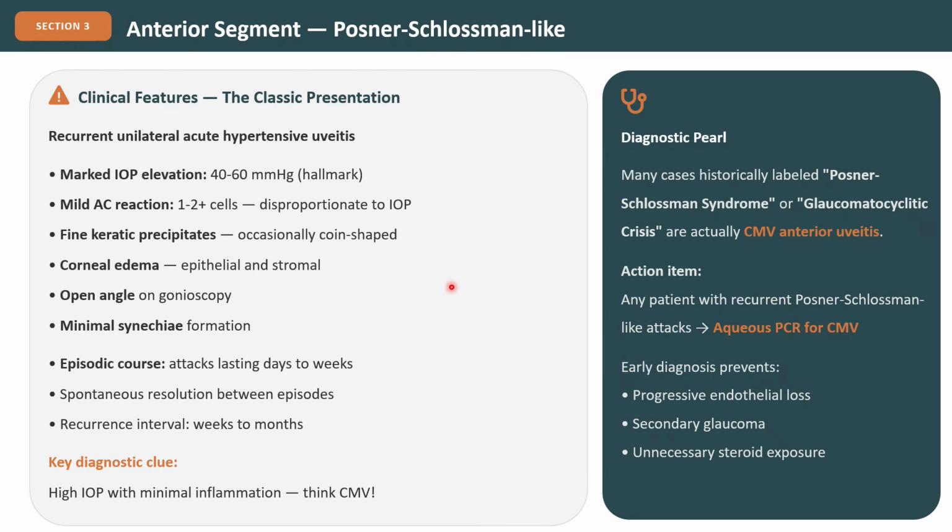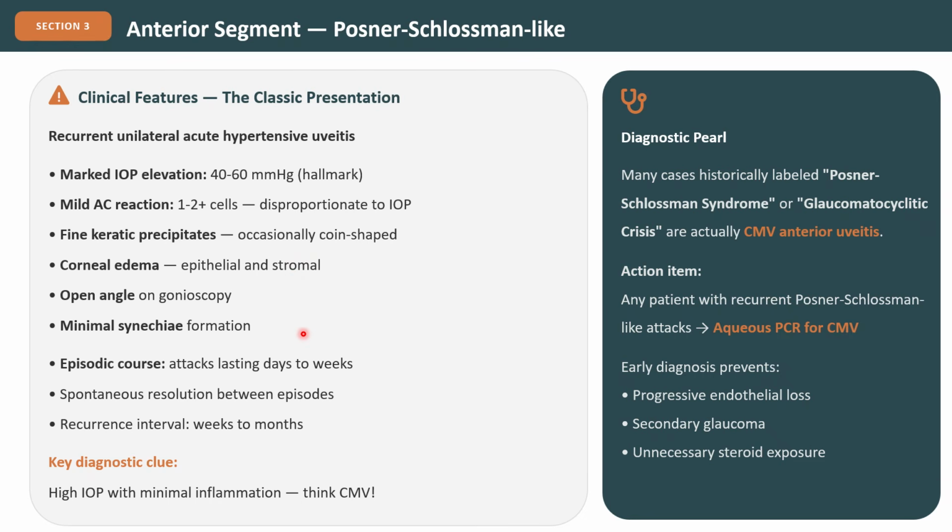The patient will present with high tension, 40 to 60, with minimal cells inflammation in the anterior chamber, which is disproportionate to the degree of IOP elevation. This is very important because you will have very high intraocular pressure and very minimal inflammation. And also you will sometimes find corneal edema, which is disproportionate to the intraocular pressure. So you find these 2 points. You should keep them in your mind.